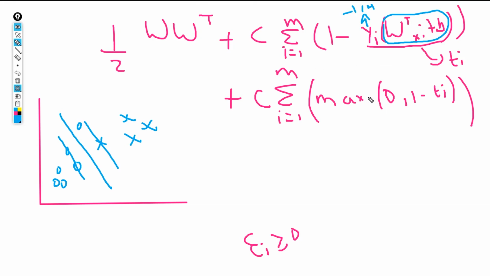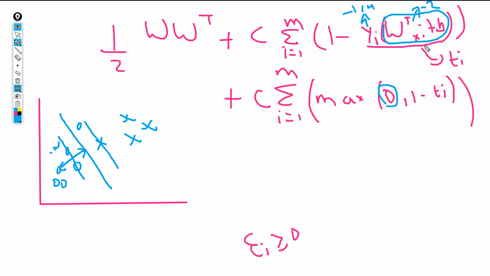Now, if the ti value is greater than 1, let's suppose this gives a value of -2, and that -2 is multiplied with -1, so it is going to be 2. Basically it means that the distance is on this side. We say this distance is going in negative, so we do not have to worry about this, and our output is going to be 0.